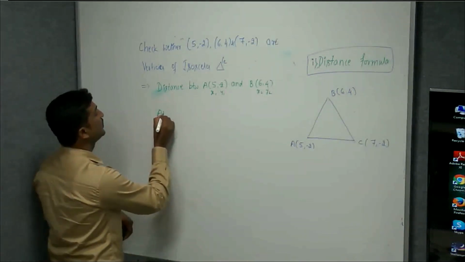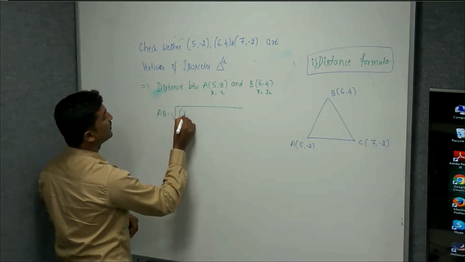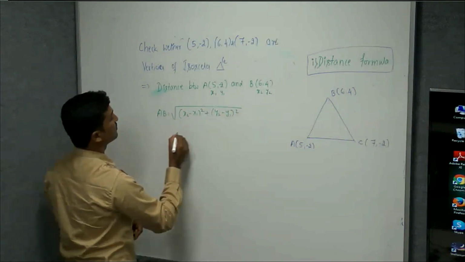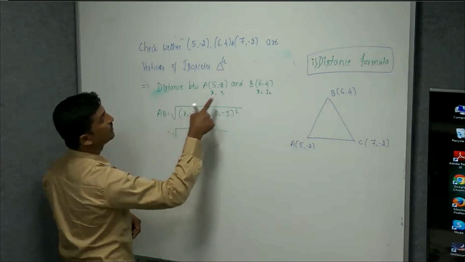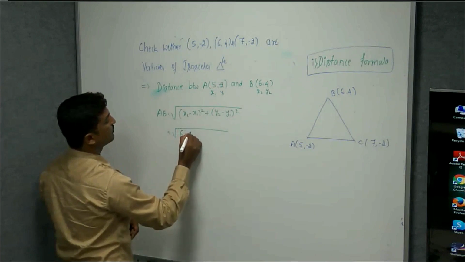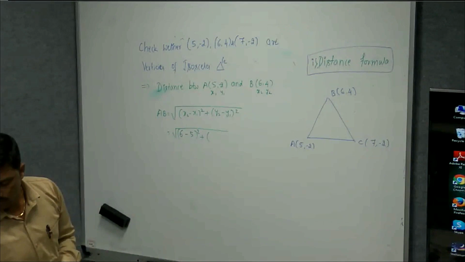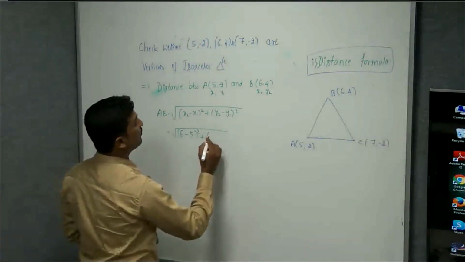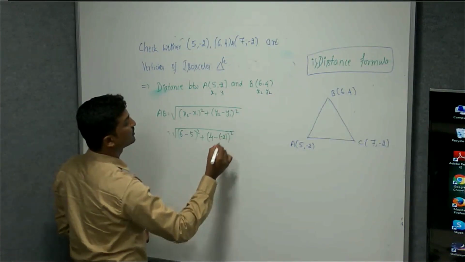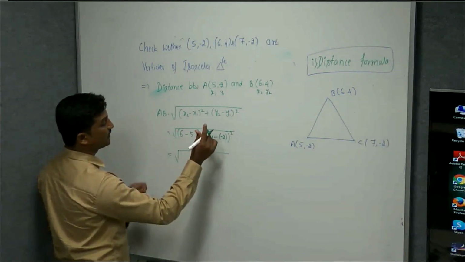Now AB is equal to, apply the distance formula, that is the square root of (x2 minus x1) whole square plus (y2 minus y1) whole square. What is x2? That is 6. x1 is 5. So (x2 minus x1) whole square plus what is y2? y2 is 4 minus y1, which is minus 2, whole square. Now simplify it.